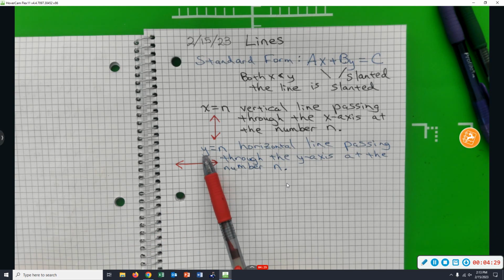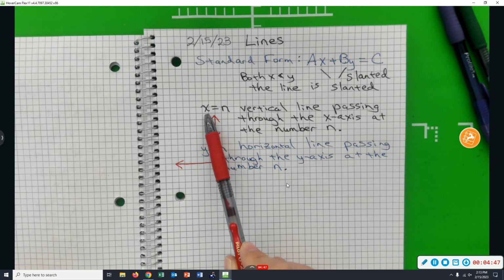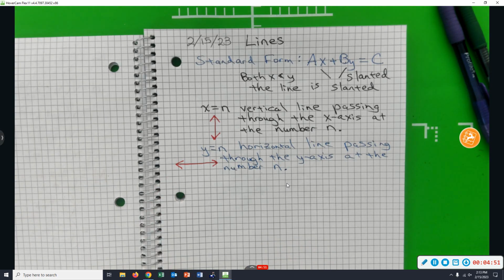For the 2 special cases, vertical and horizontal lines, the letter says which axis the line is passing through, and the number tells you where it passes through.